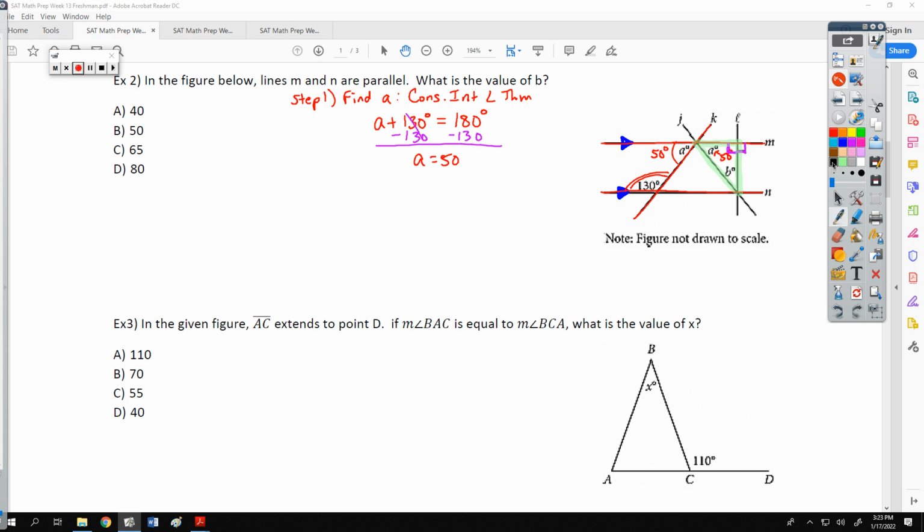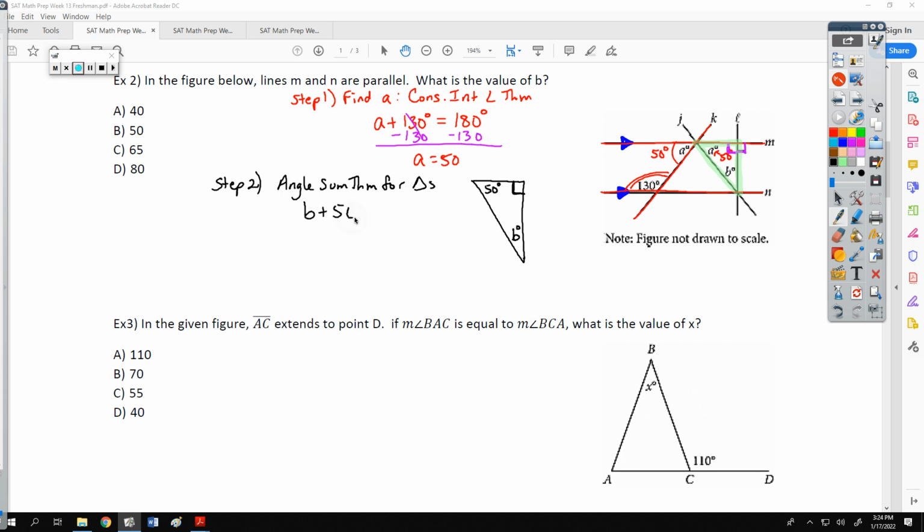So if we look at just that triangle and not the rest of the picture, we should notice that we know that this is a 90-degree angle here, and that A is 50, so we know that acute angle, and that just leaves the angle marked B, which means we can use our angle sum theorem for triangles, which says that every triangle contains 180 degrees worth of interior angles.